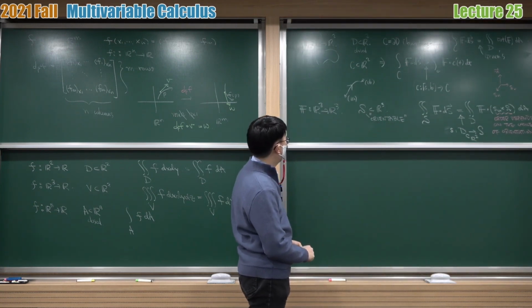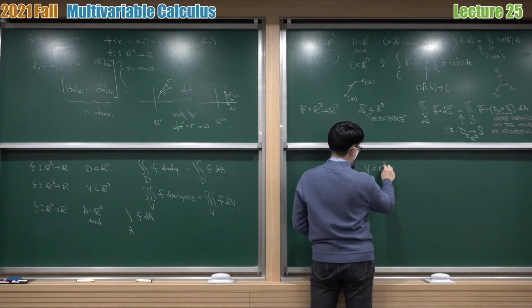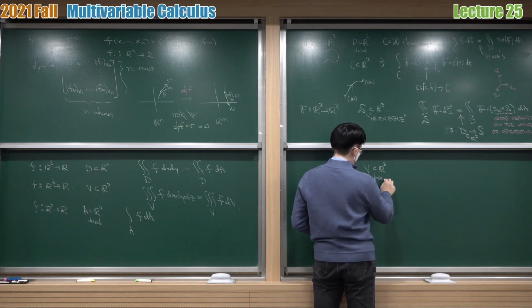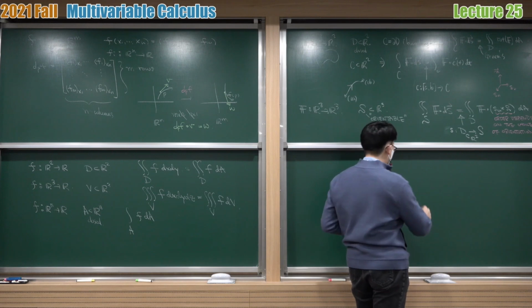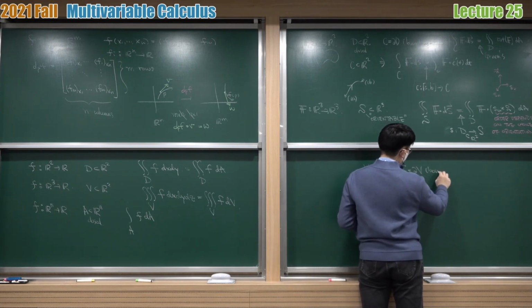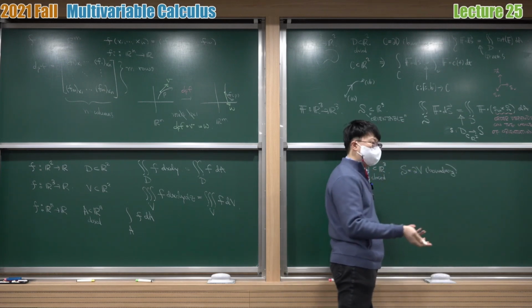And if you have a closed volume inside of R3, you can take the boundary of that volume as the surface S. So it's a closed surface.